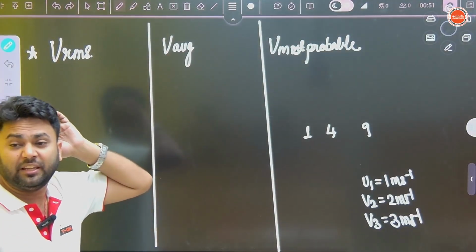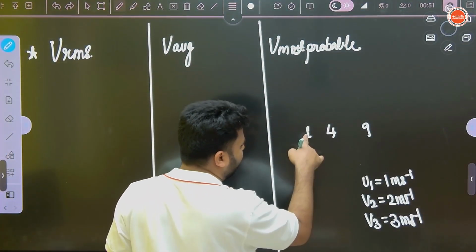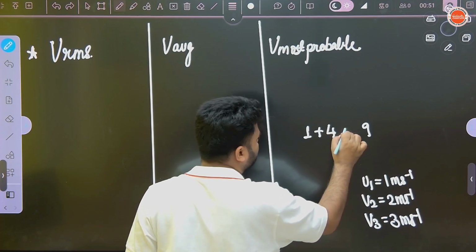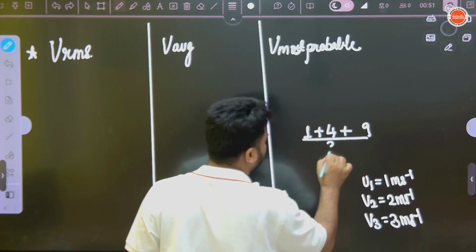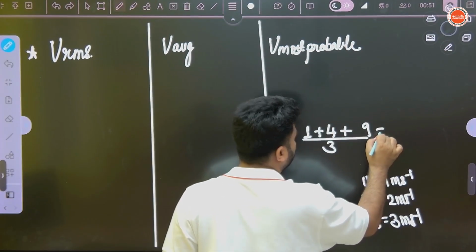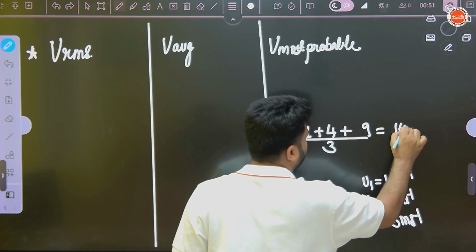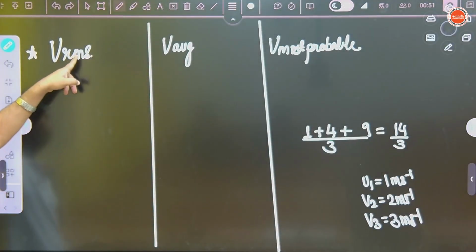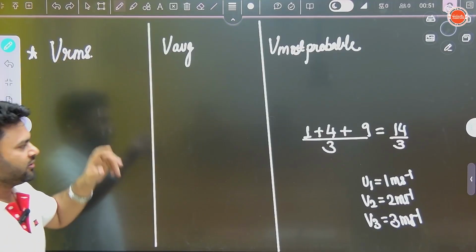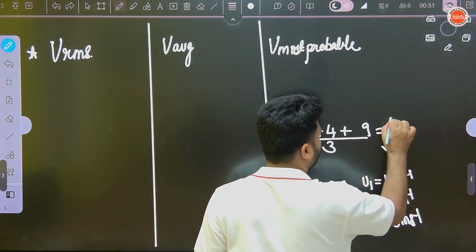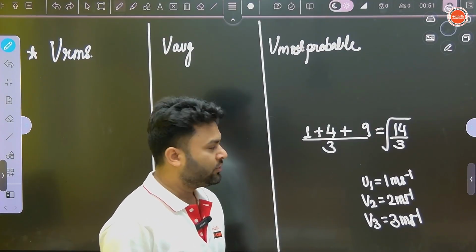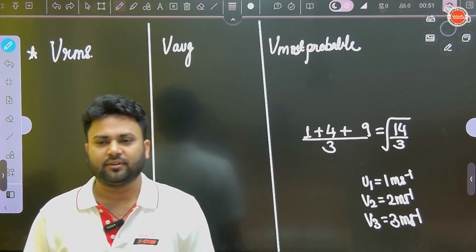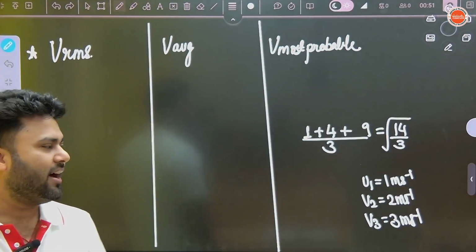Then we find the mean, meaning the average: 1 plus 4 plus 9 divided by 3, so 9 plus 4 is 13, plus 1 is 14, by 3. So we calculated the square and the mean, then we have to find the root. So this is the RMS velocity. Understood? This is the RMS velocity.